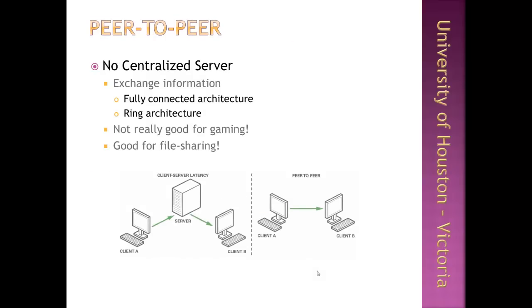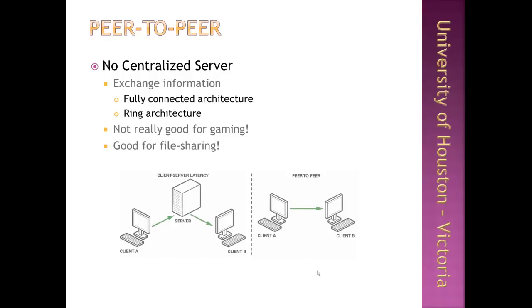Peer-to-peer is when two or more clients communicate without the use of a server. A server may be used to allow them to find each other in the first place, but after that it's not going to be actively participating in the communication. Clients can exchange information by having every client connected to every other client. This is called a fully connected network, or a fully connected topology.